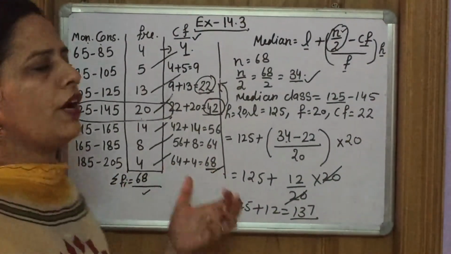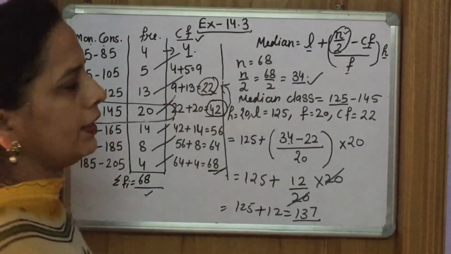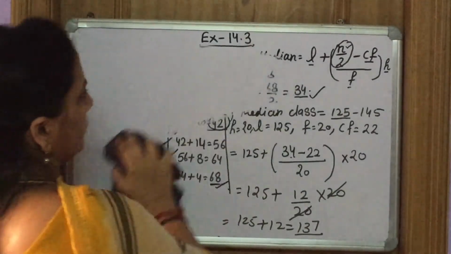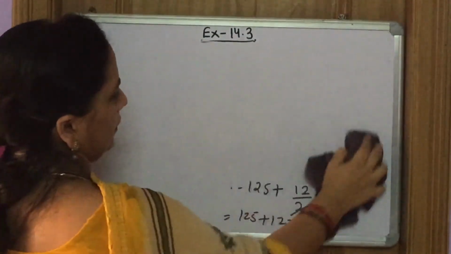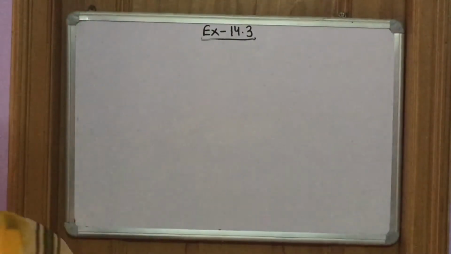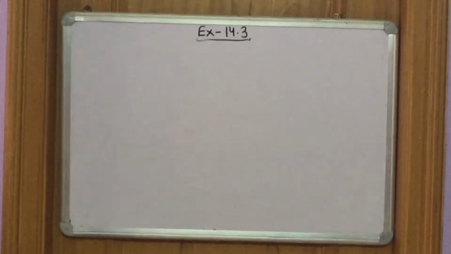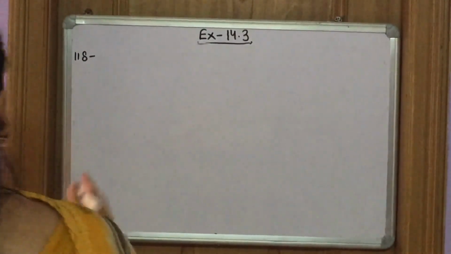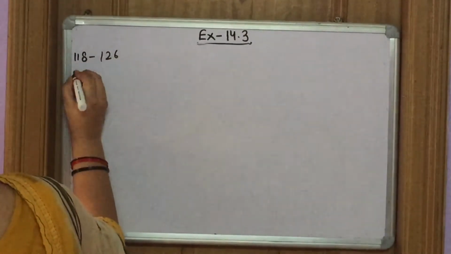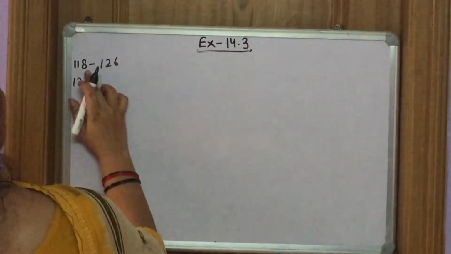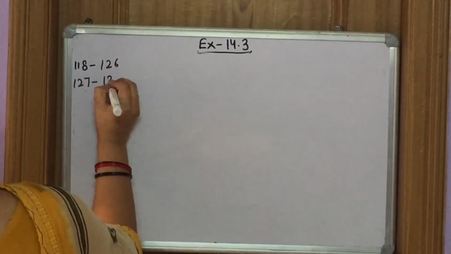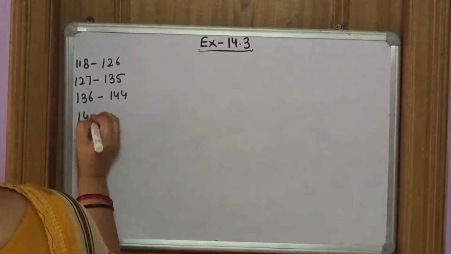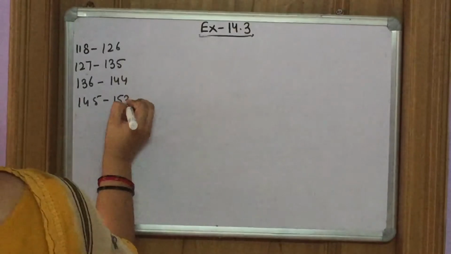So this is the method to find a median for grouped data. Let's do one more question. The statement is, you are given a length in this form: 118 up to 126, 127 up to 135, 136 up to 144, 145 up to 153.